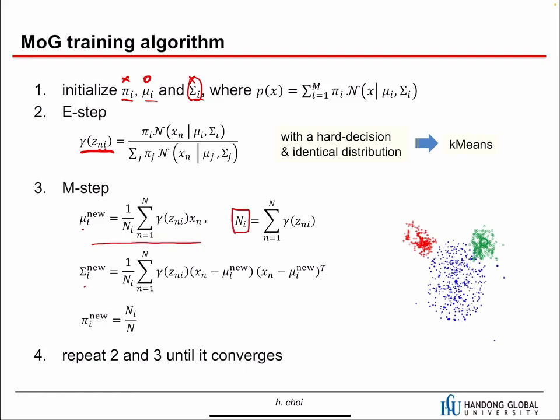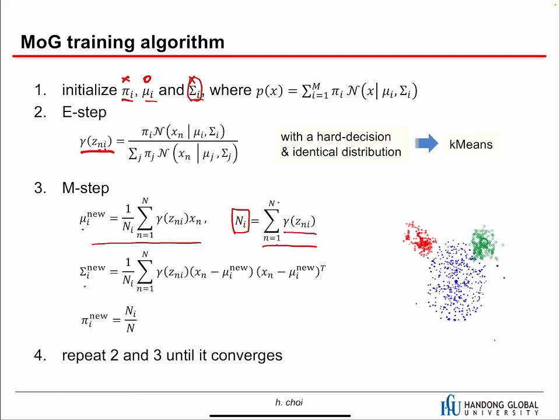Actually, this is not a hard decision, so we cannot say exactly how many samples are in a cluster, but we can say roughly how many samples are in the cluster based on this one, where n goes from 1 to n. So we check all the responsibilities.